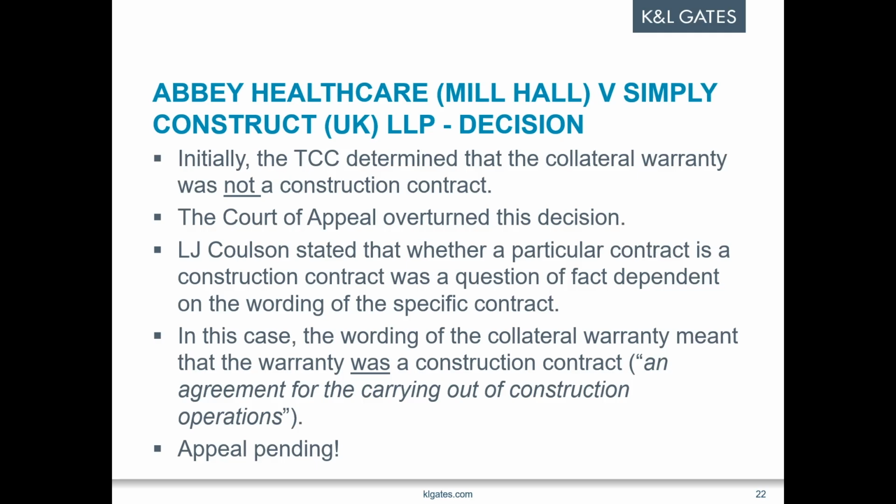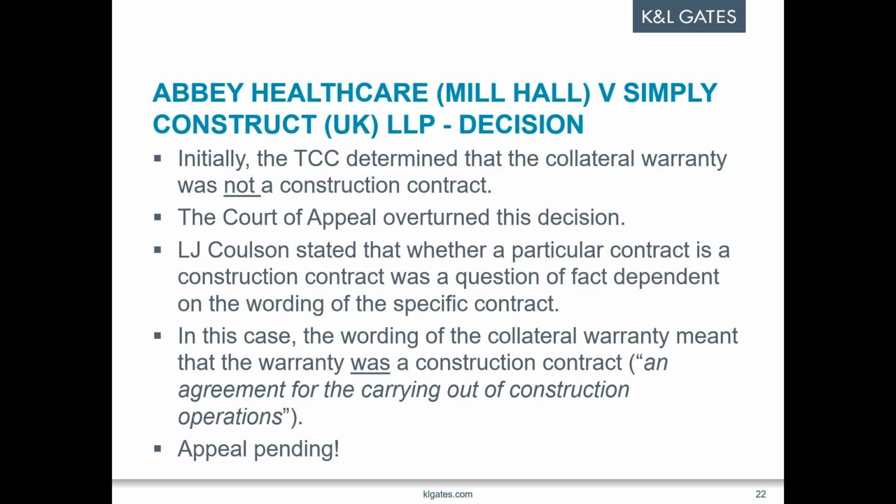But in any event, one of the things that I think Coulson was looking at in that case was the fact that if, for example, Topham had entered into the collateral warranty before the works were completed, and then Abbey entered into one after the works were completed, and those warranties had exactly the same wording, it would be a bit of a nonsense to say that Topham's was a construction contract and they had a right to adjudicate, whereas Abbey did not.